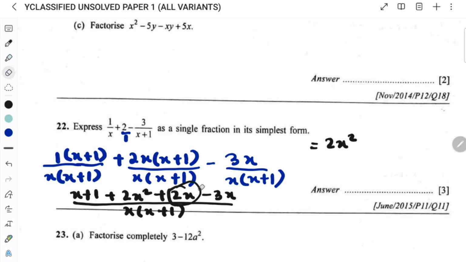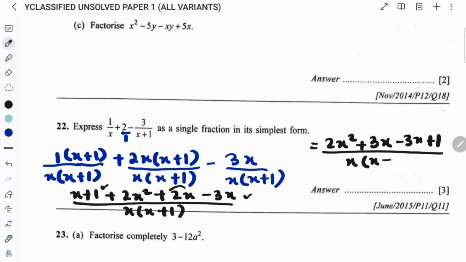So we are adding together plus 3x and this one minus 3x, and then only 1 is left, upon x into (x plus 1). So you have 2x square plus 1 upon x into (x plus 1). This is the answer for this question.